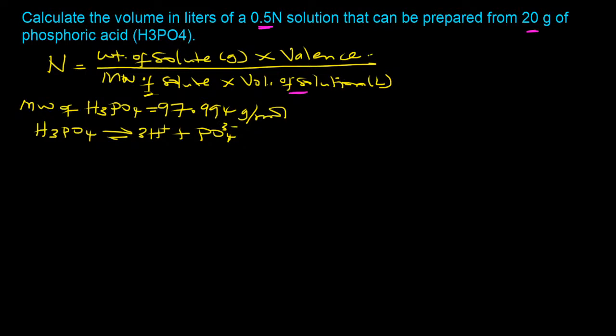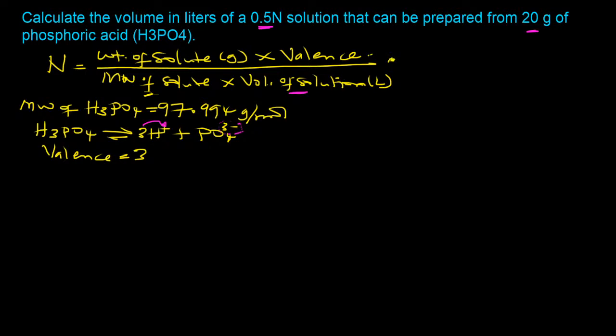Now once again, the valence is the absolute of either the charge on the anion, so absolute value of -3 is 3, or the absolute charge on the cation, so that'll be 3 times +1, so 3 times +1 is 3, and the absolute of that is also 3. So the valence for the compound is 3.